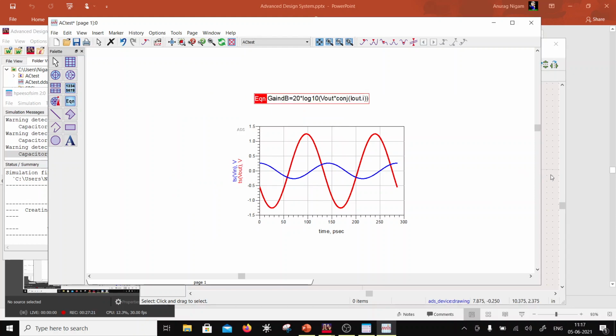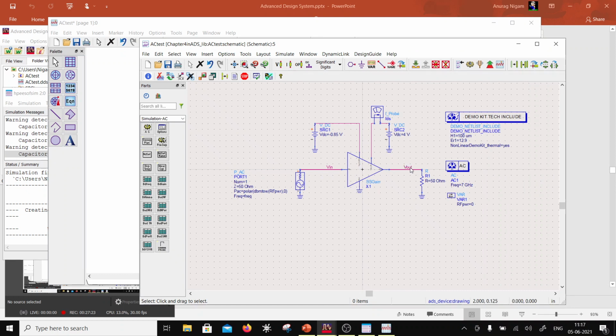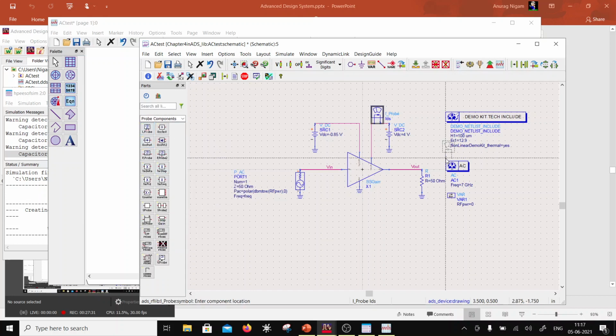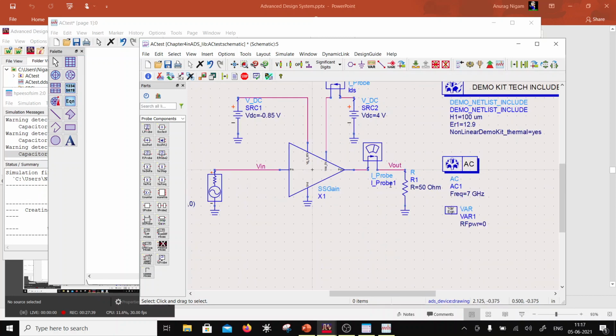So I have to make I out available. This is V out over here. I can just put in a probe component over here, and I will have a current go through the probe component, and I will call this I out.